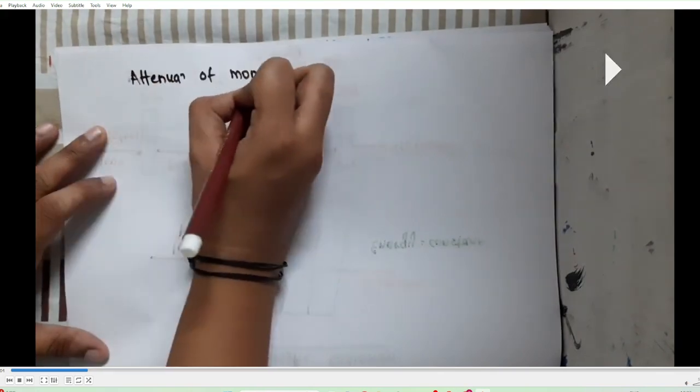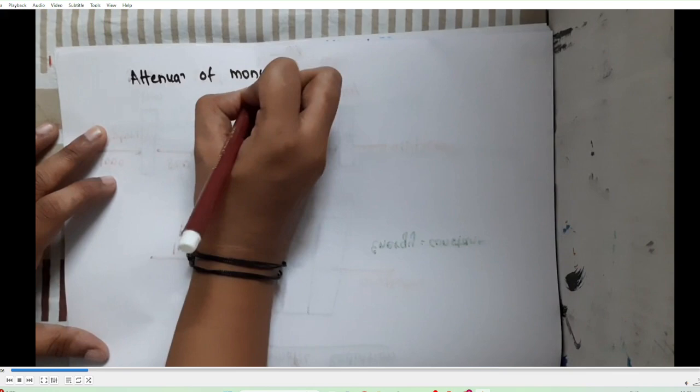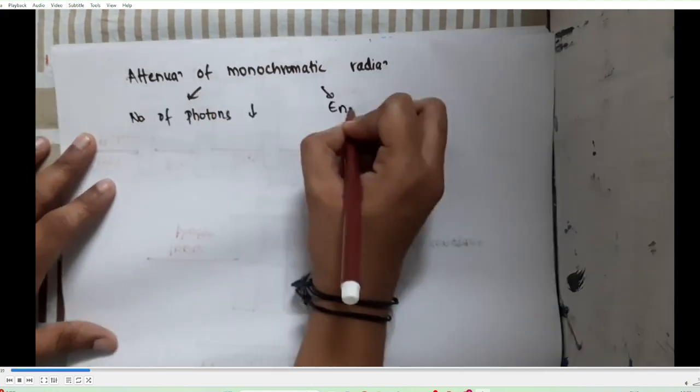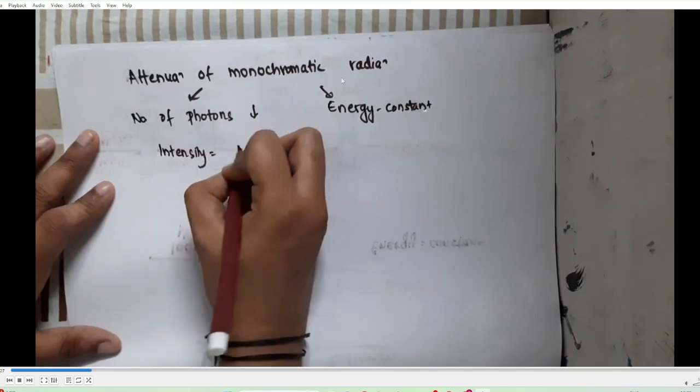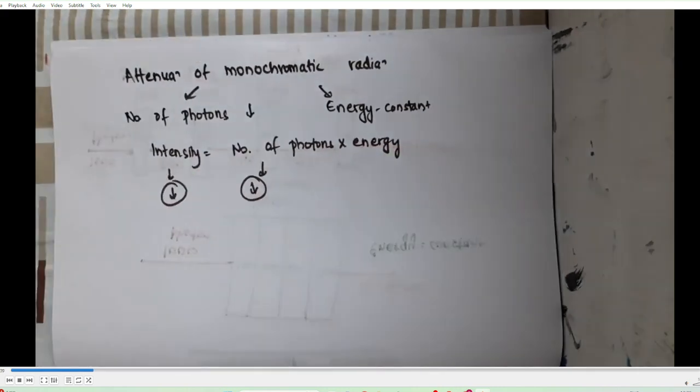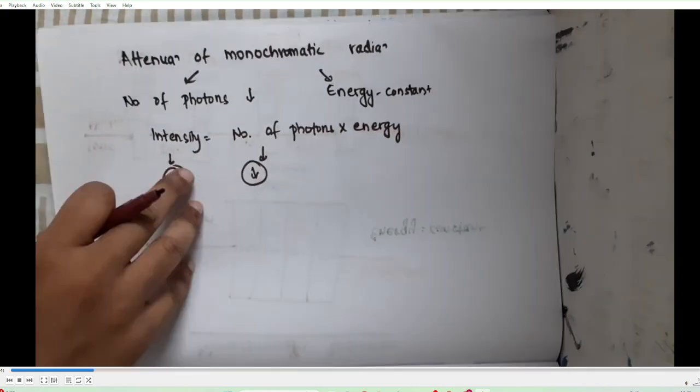That is, in monochromatic radiation, quality is not affected; mainly the quantity is affected, that is, the number of photons is decreased. So in attenuation of monochromatic radiation, energy is constant, the number of photons is decreased, so the intensity is decreased.